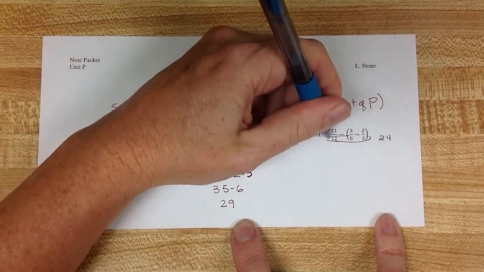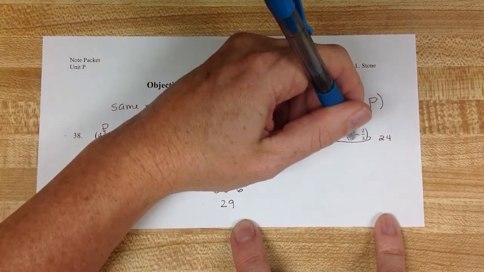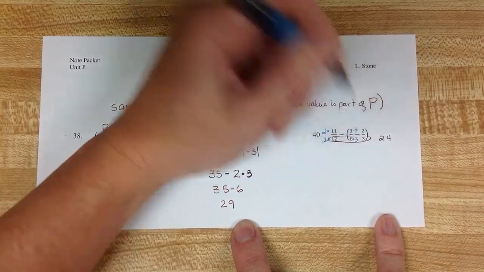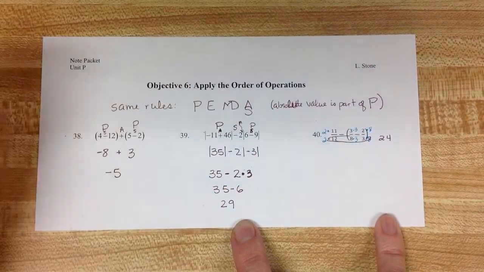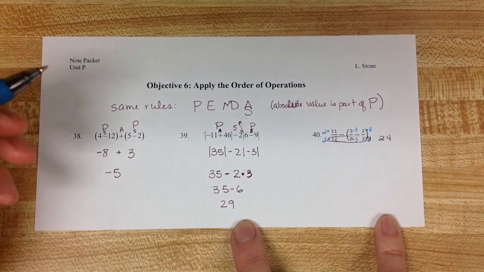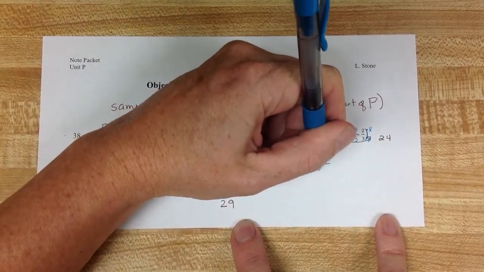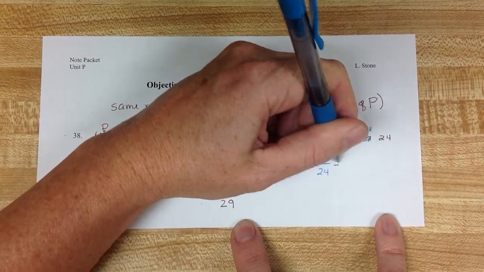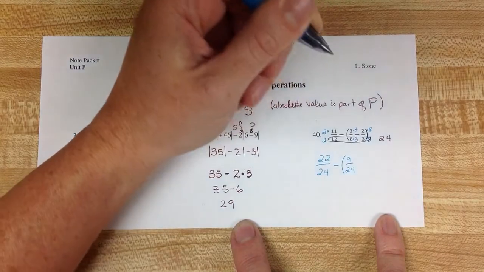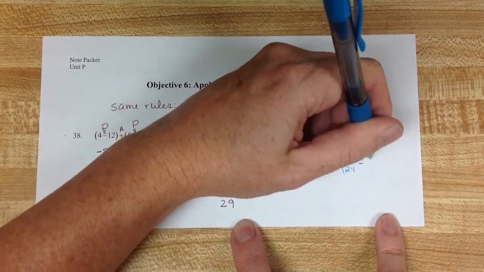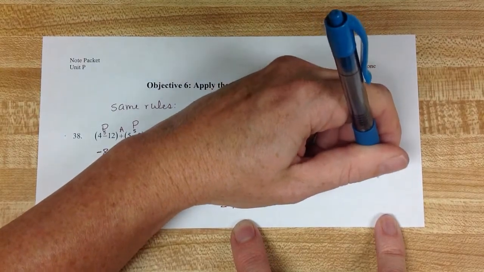That means I need a 12 times 2, same on the top and bottom, and 8 times 3 on the top and bottom, and times 8 on the top and bottom there. So my new fractions are 22 24ths minus 9 24ths, and that looks like that's minus 16 24ths.